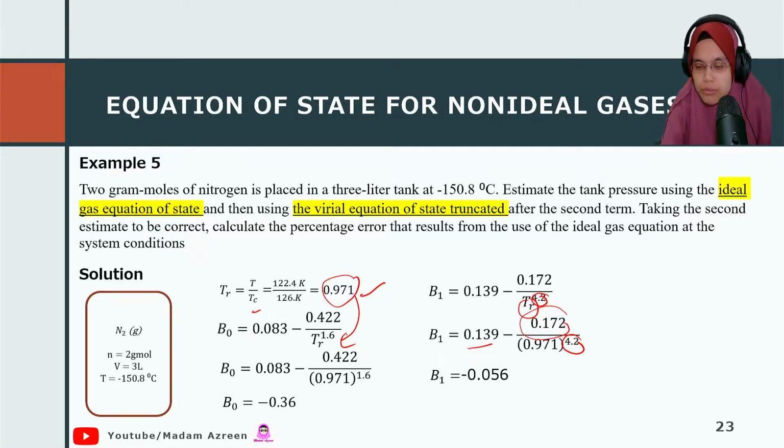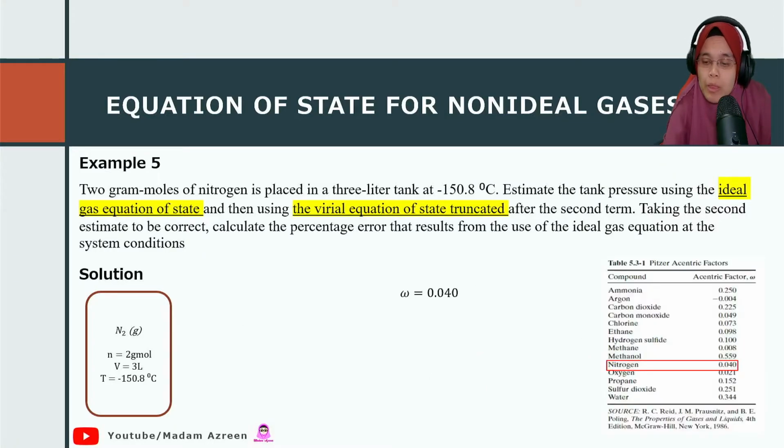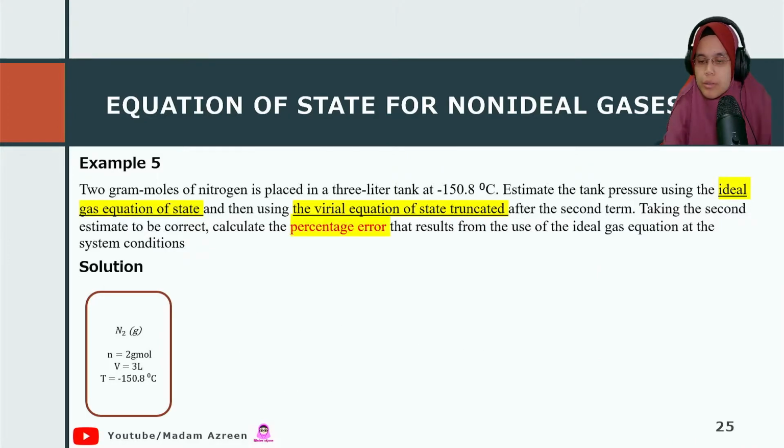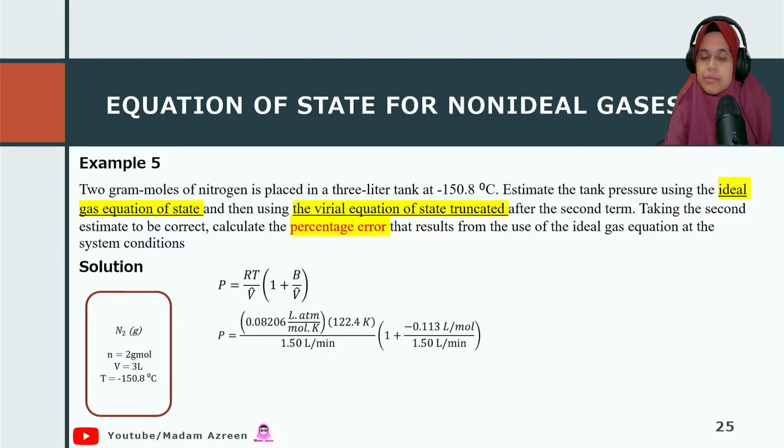It's also here, another equation. And this acentric factor you can get from this table. And then you can calculate the value of B. Then come back to this Virial equation of state. You can determine the value of P.